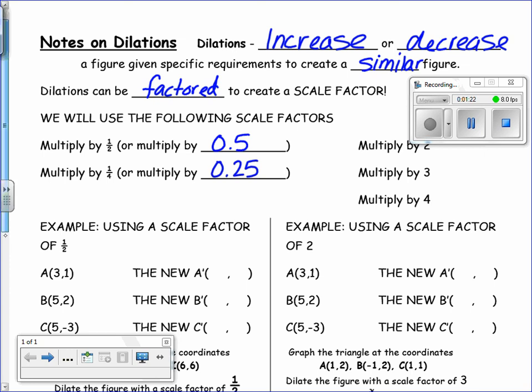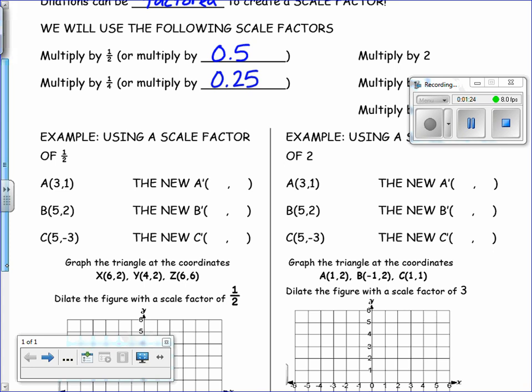So let's go ahead and talk about an example of a scale factor of 1/2. If we have a scale factor of 1/2, all we're really doing is multiplying our x and our y terms by 1/2.